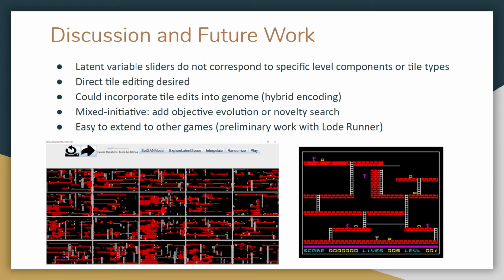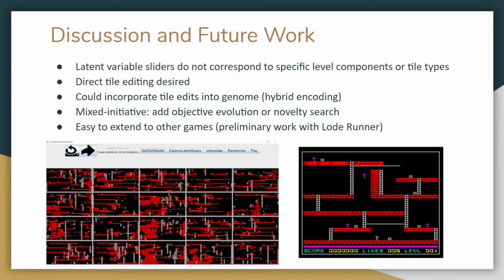Other ways to expand the system would be to make it more of a mixed initiative system where there's an automated component that does more of the work for the user by using objective evolution or maybe novelty search to explore solutions for a while. And then after exploring for a while, you take some section of the population, you give it to the user to look at, and then the user individually selects some evolved levels indicating that, okay, these are the ones that are worth elaborating on further.